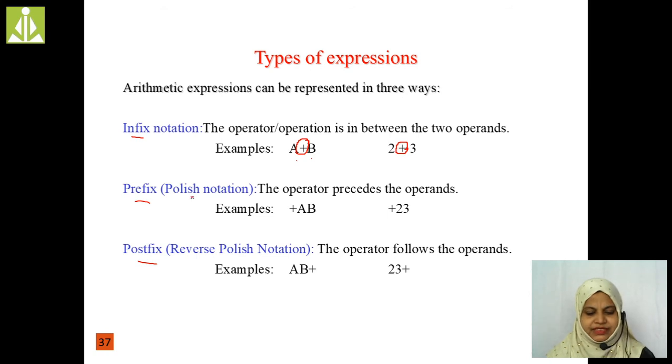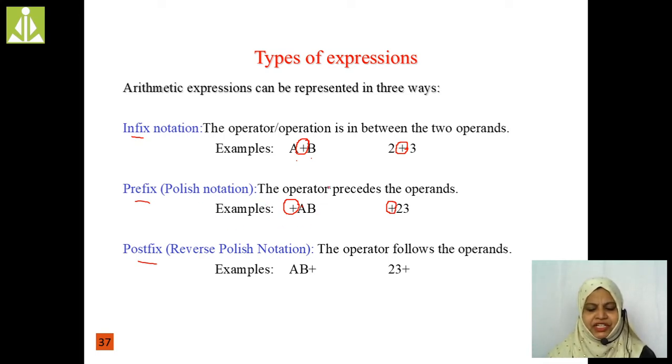Prefix notation. Prefix means the operator is present before the two operands. An operator present before the two operands is known as prefix notation. See here, a plus b becomes plus ab. Again, 2 plus 3 is equivalent to plus 2 3. This is the prefix notation.